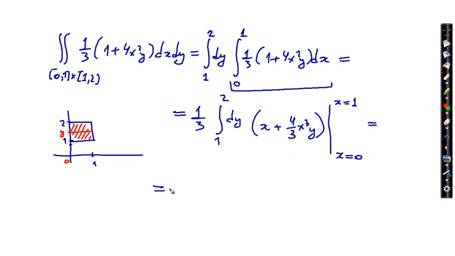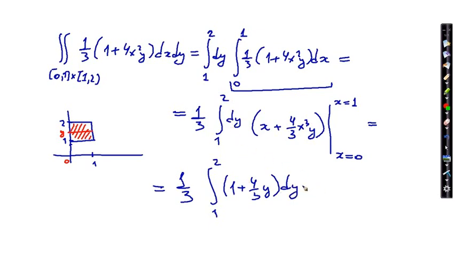So this is equal to 1 over 3, integral from 1 to 2. I'm calculating the value of this. First plugging the value x equal to 1, I'm getting 1 plus 4 over 3 y. And then minus the value at 0, but the value at 0 will be 0 here, 0 here, so 0. So no need to write that.